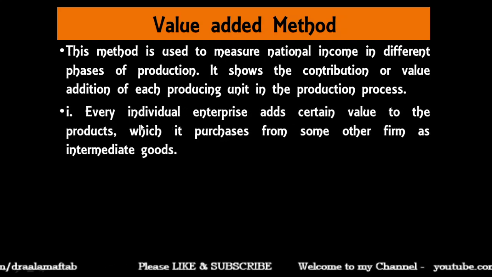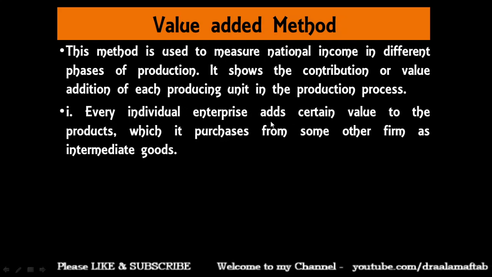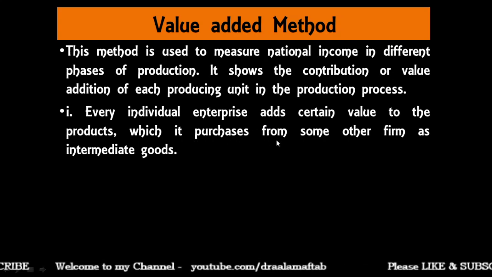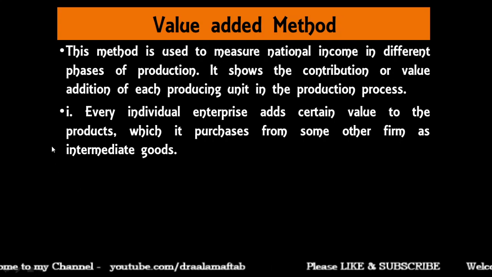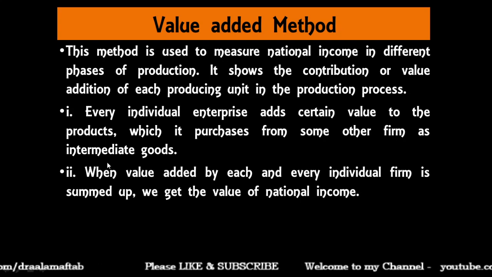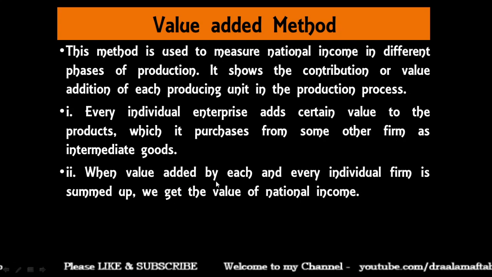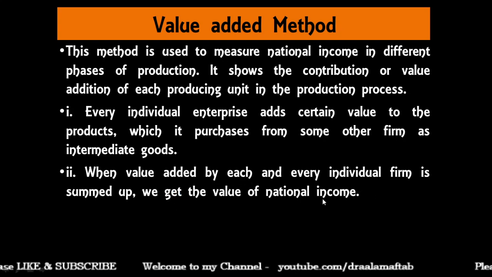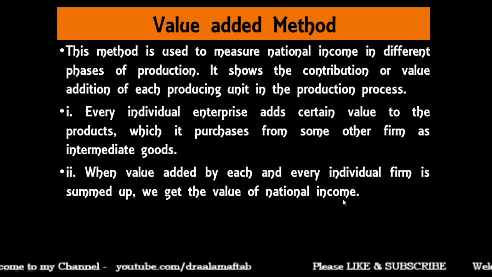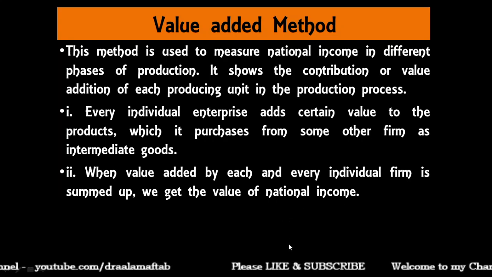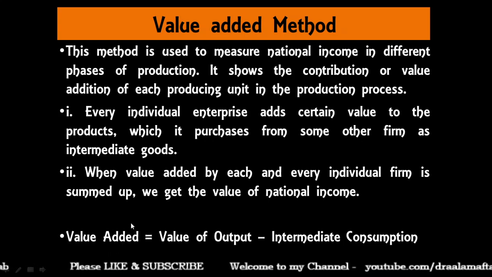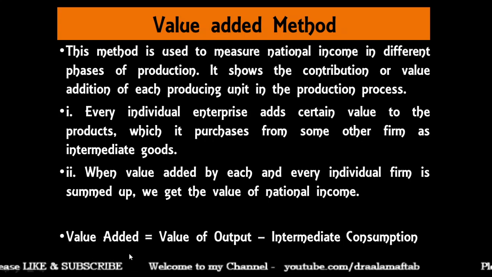And you know that every individual enterprise adds certain value to the products, and whatever it purchases from other firm, that is known as intermediate consumption or intermediate goods. When value added by each and every individual firm is added together, summed up, we get value of national income. So national income is nothing but addition of value addition by each and every enterprise.